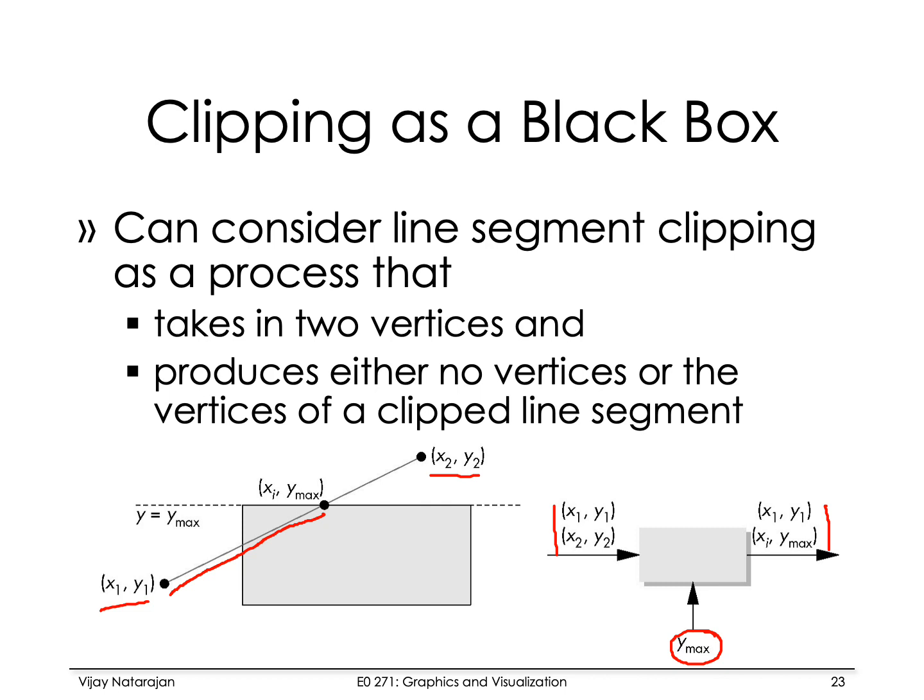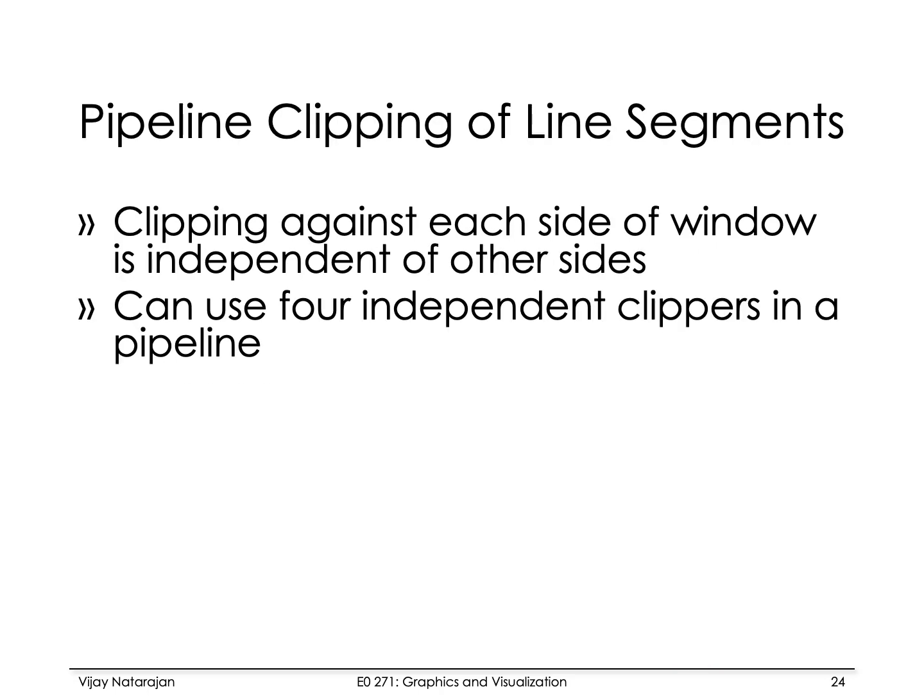Right. So you may ask, how does this help us? We are actually computing intersections now, and multiple intersections. So the key idea is to put these different boxes into a pipeline. And we know all about pipelines and their benefits. So we can actually have 4 independent clippers in our pipeline, each one clipping against one of the 4 lines that form our clipping window.